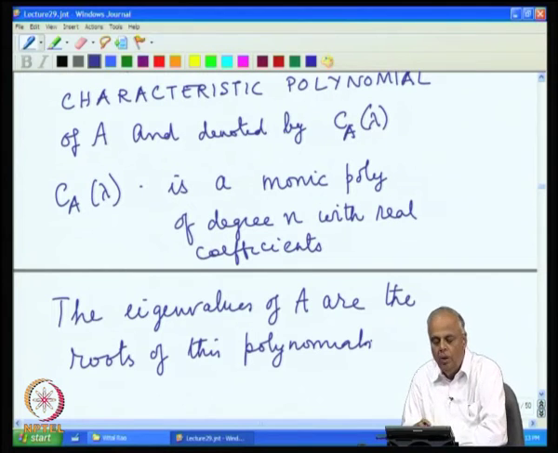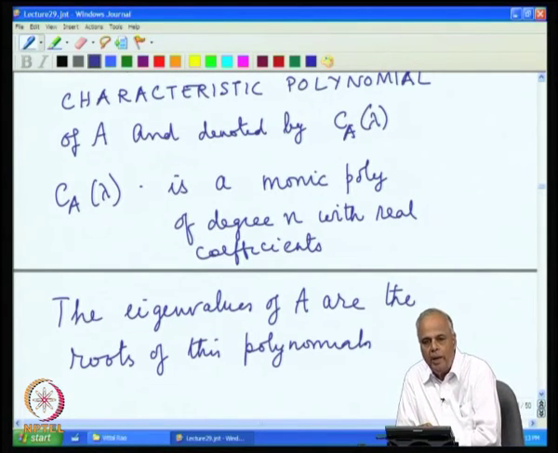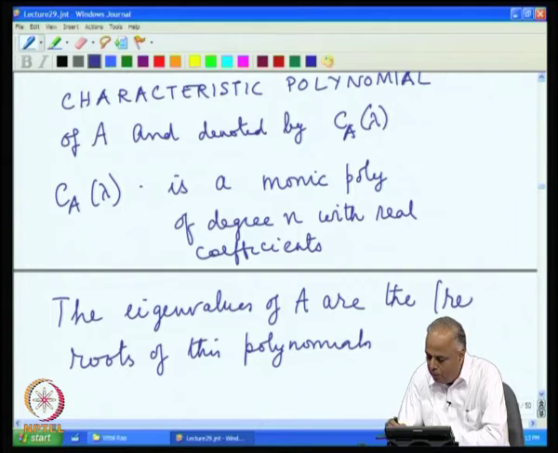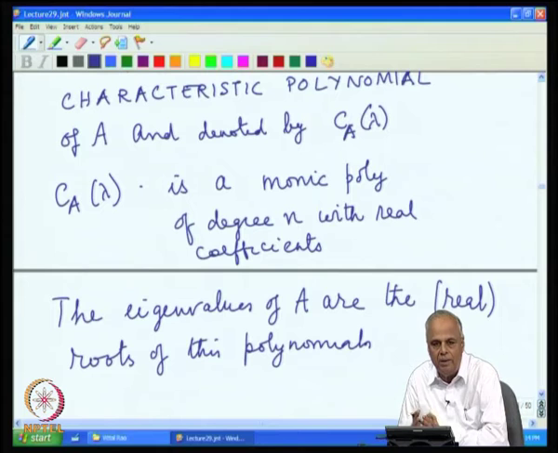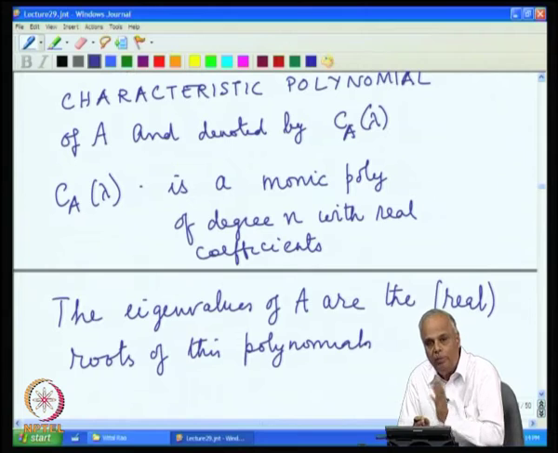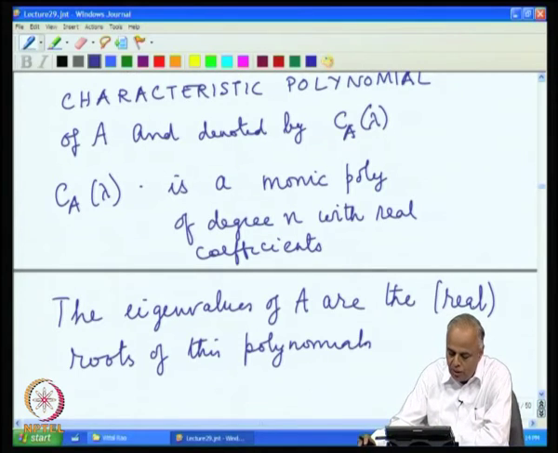When we are looking for eigenvalues of A while working with the real numbers, we are looking for real eigenvalues, and therefore for the real roots. So, when we are working on the diagonalization problem with the real numbers, we are looking at the real roots of this polynomial.